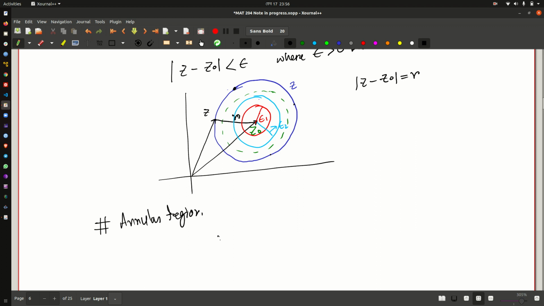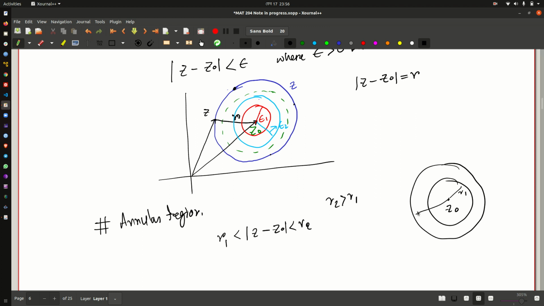Let's say you have two circles, one of them has a radius r1 and the other has a radius r2, and any point z0, both of these circles are centered around z0, and the annular region is defined like this: r1 less than |z minus z0| less than r2, where r2 is greater than r1, obviously. So let's say this is our z0, this is circle 1, has a radius of r1, and this is circle 2 that has a radius of r2, and this in between region, this is the annular region.